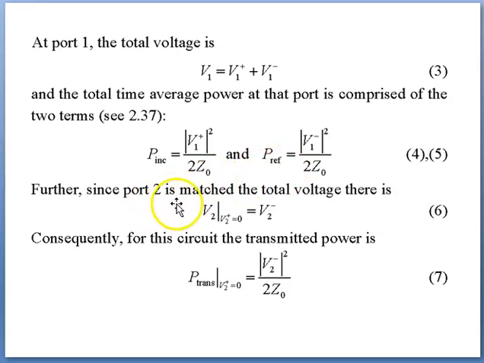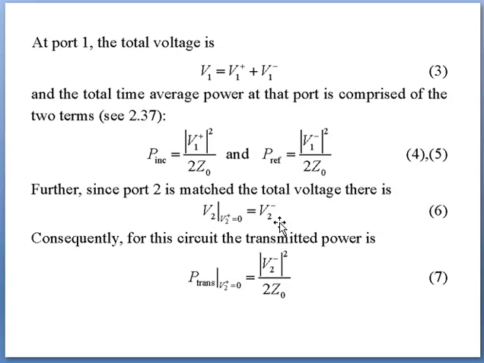Since port 2 is matched, the total voltage there would be V2, which is equal to V2 plus plus V2 minus. For a matched load, your V2 plus will be equal to 0. That's why you will have V2 equal to V2 minus only.